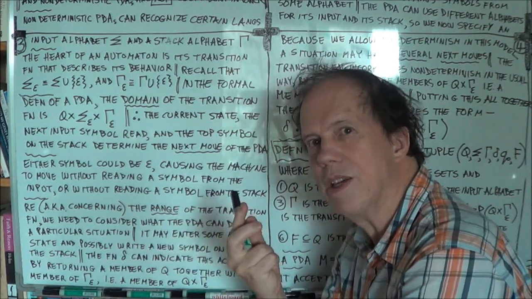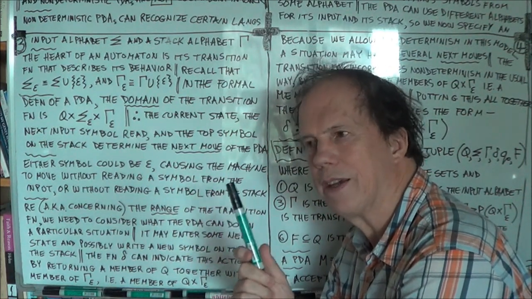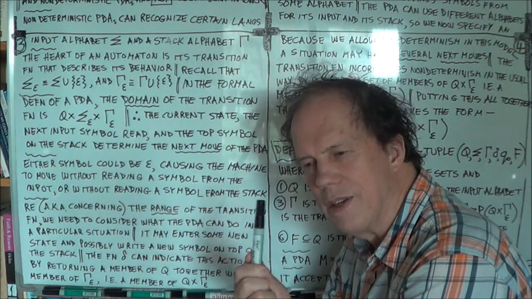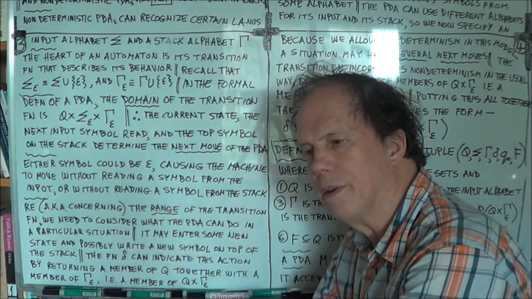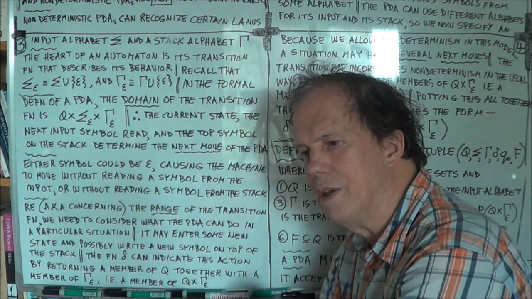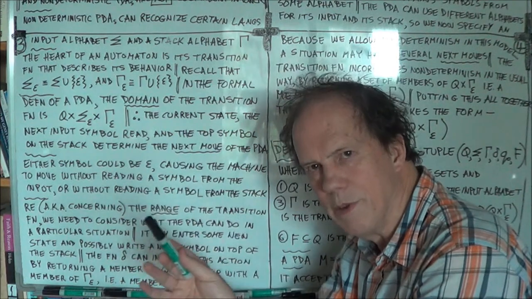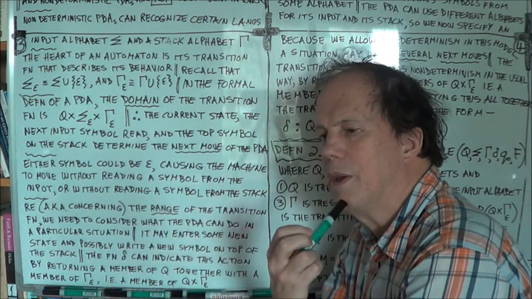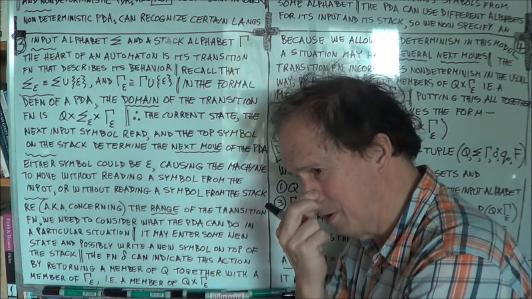Now there will be three inputs rather than two, because we're a PDA and we have a stack. So what are those three things? Well, the current state, and the current input symbol in your input stream. Those two are the same as before, the same as DFAs and non-deterministic finite automata.